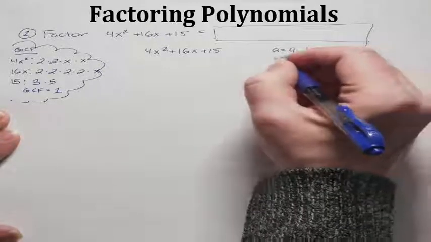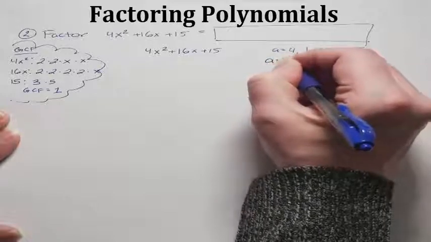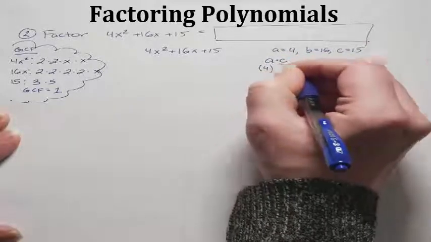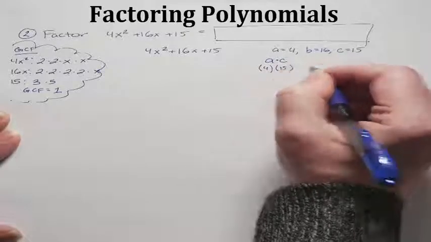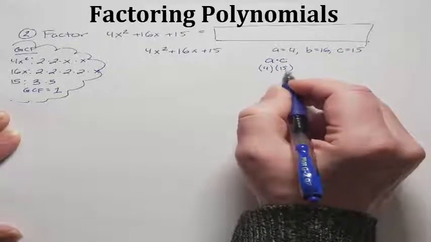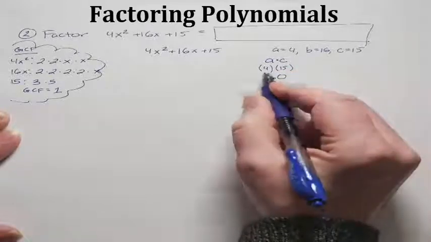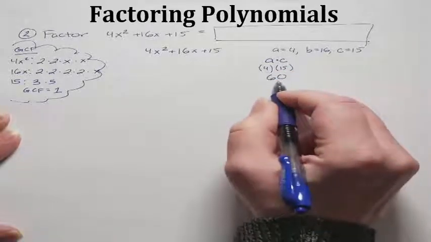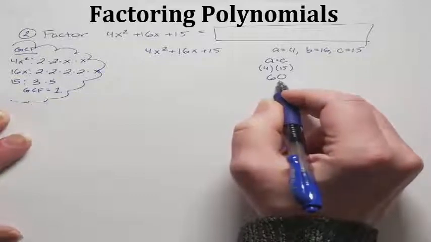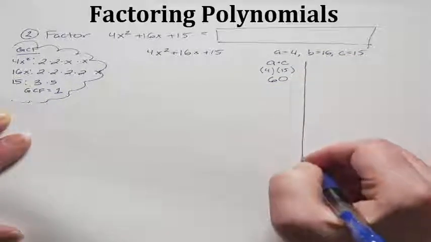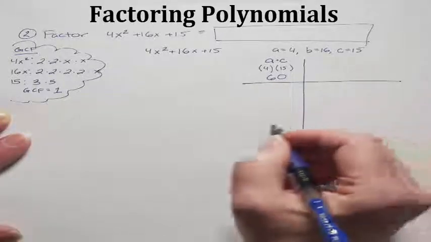Remembering, we're trying to find all the ways that multiply together to get me my A times C. You said A was 4, and you said C was 15. So 4 times 15 is, calculator, 60, which means I need to come up with all the ways that multiply together to give me 60. So here is my long list.